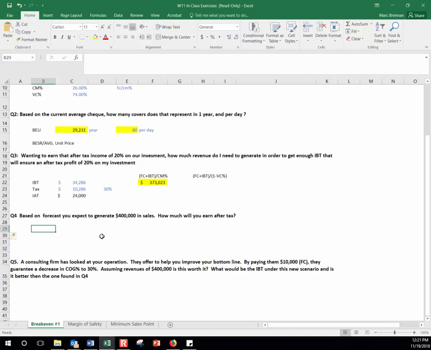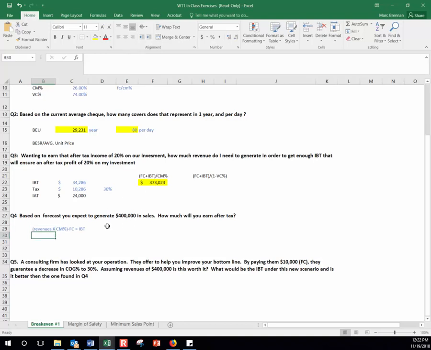So the formula for this is revenues times contribution margin percent, close our brackets, and then we're going to take off our fixed costs. Okay? So revenues times our contribution margin percent first minus our fixed costs. That's going to equal our income before tax, our operating profit for any amount of forecasted revenues.